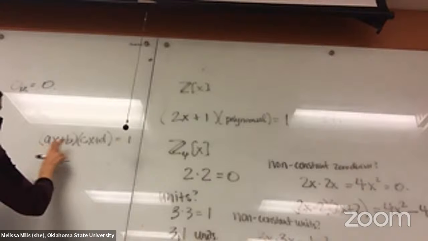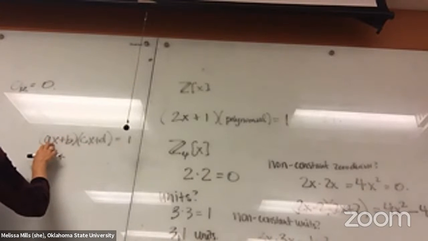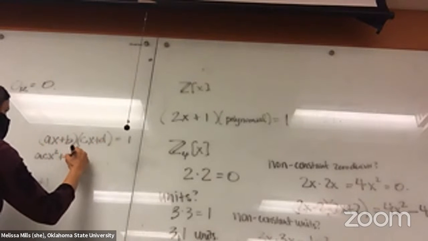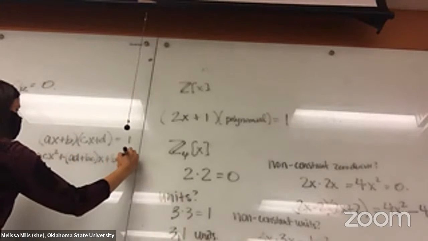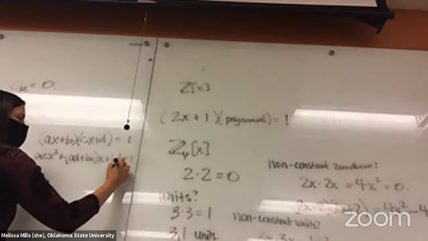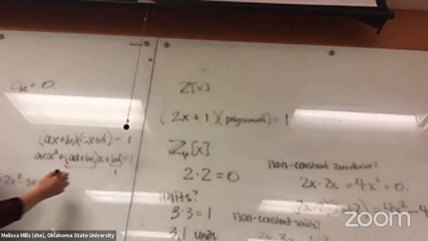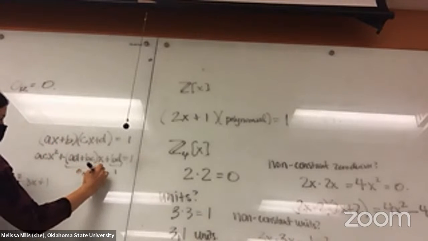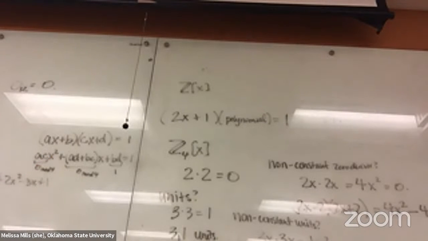I need acx squared plus ad plus bc x plus bd. Okay, so what needs to happen? I need the constant term bd to be equal to 1, and the others to be equal to 0 mod 4, right? Is this going to be possible?